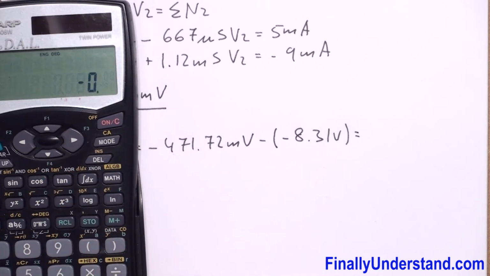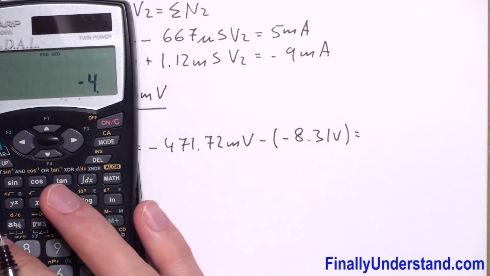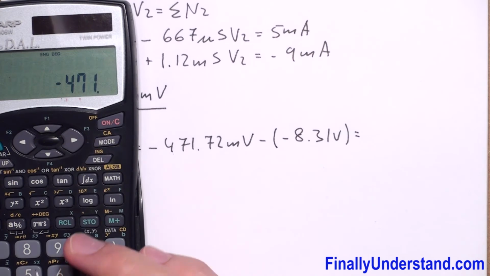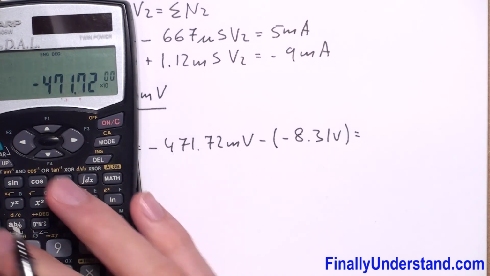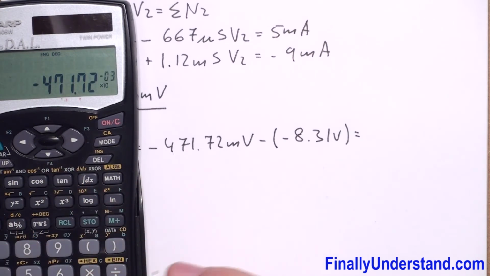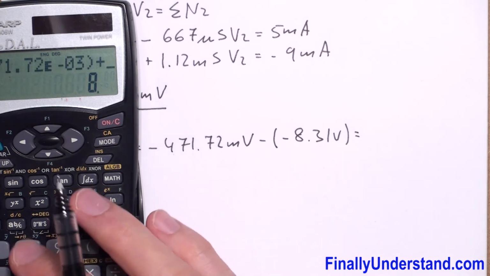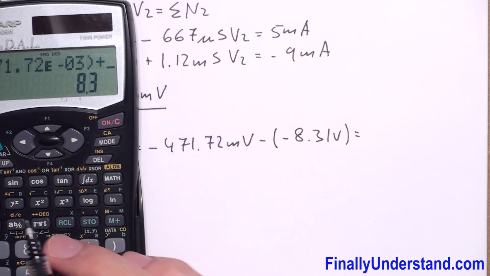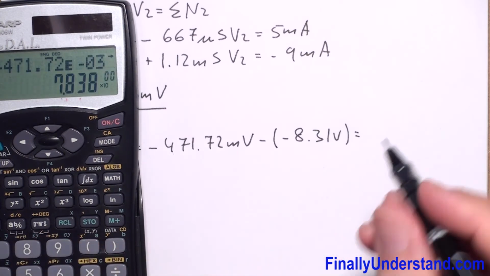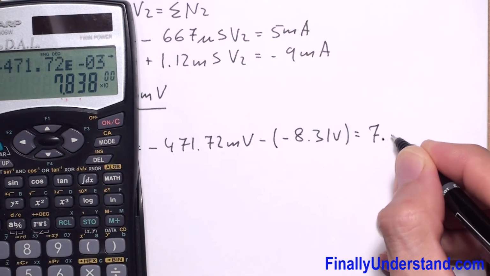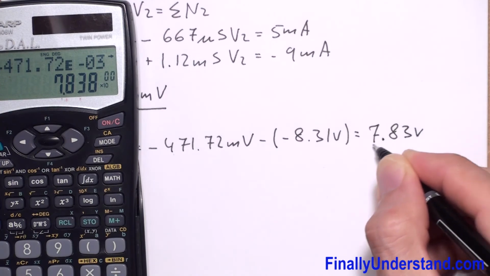This is equal, I have negative 471.72 exponent 3 negative. Negative times negative will give me positive plus 8.31. This is equal 7.83 volts.